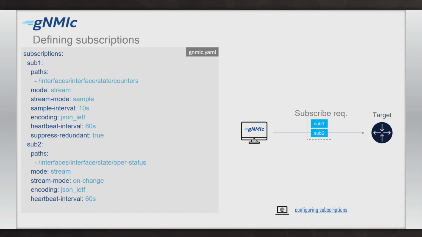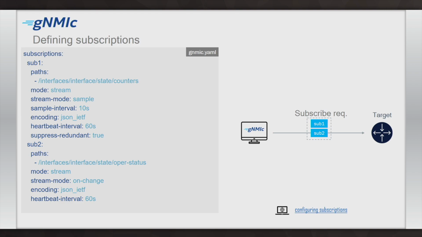For a sample subscription, heartbeat interval says that on top of sending the values every sample interval, so 10 seconds in subscription one, also send it every 60 seconds. And suppress redundant means don't send the value if it didn't change.